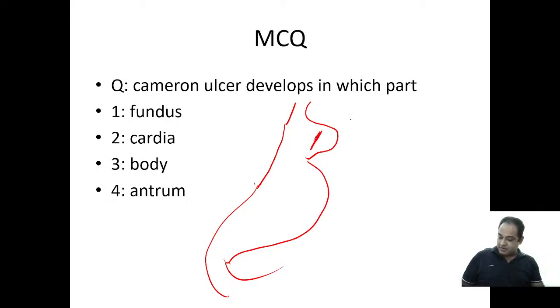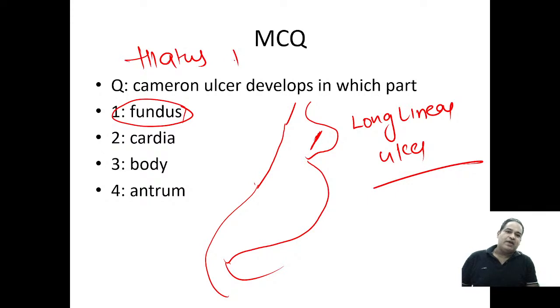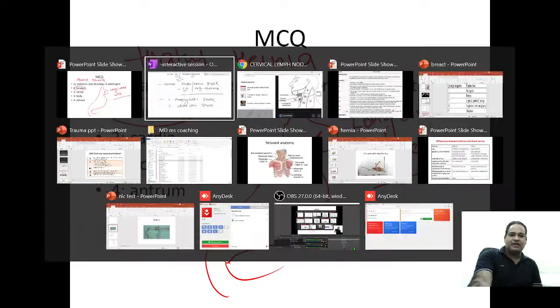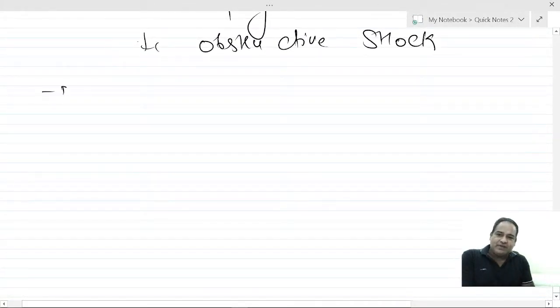Cameron ulcers are long linear ulcers which develop in the herniated stomach when your patient has hiatus hernia.